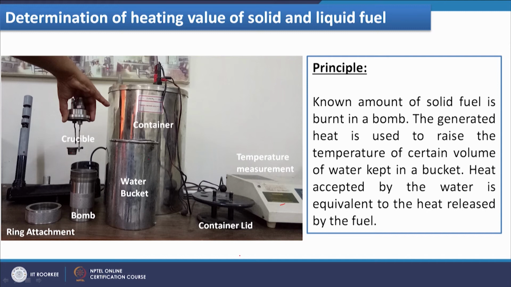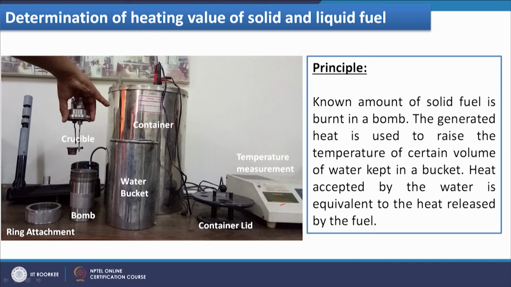What are those sources? One is the crucible which we are using, that will also be burnt and will release some amount of energy. Number two, if there is any sulphur, SOx will be produced. That SOx inside the bomb will dissolve in the condensed water vapor, giving sulphuric acid production.